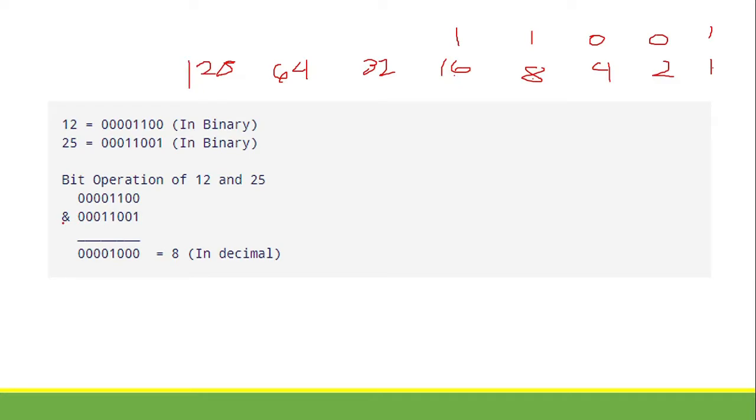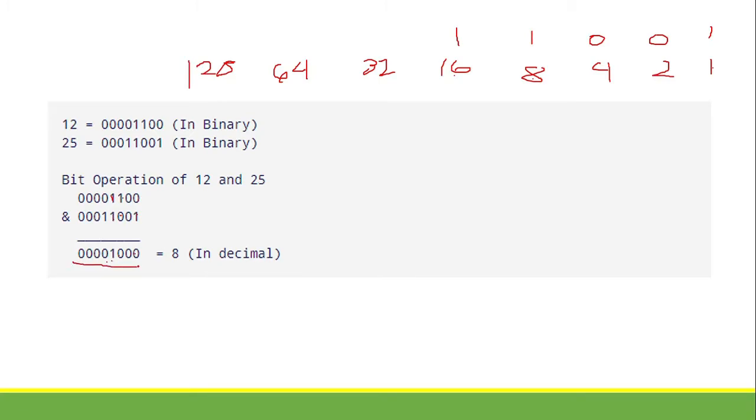So, sabi ko kanina, sa bitwise AND, kapag may nakita siyang 0, 0 na agad yung sagot niya. So, may 0 ba in both this bit? Yes, may 0, 0. May 0, 0. May 0. Yes, may 0. May 0 ba? So, wala. So, it will bring down 1. So, may 0 ba? Yes, meron. So, it will bring down 0. And then, this is your final answer.